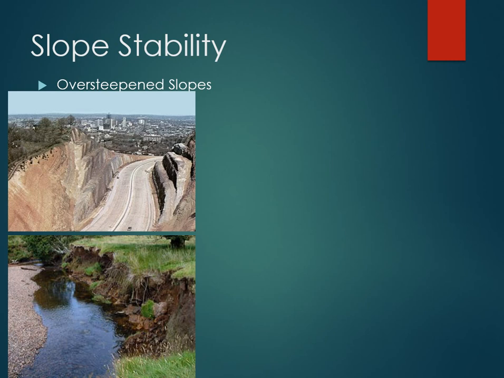So you're going to find there's a whole lot of landslides that have failed onto roads because of where we stick them. On the bottom is a river where it has been steepened along the way because of the water erosion itself. So we're looking at a cut bank, and you can see that cut bank's fairly young because there's grass overhanging the top. So that's been eroded pretty recently.